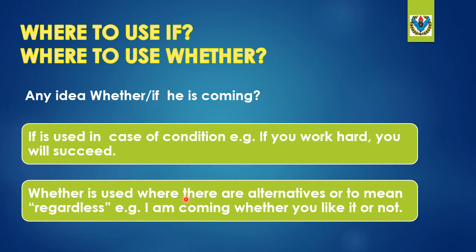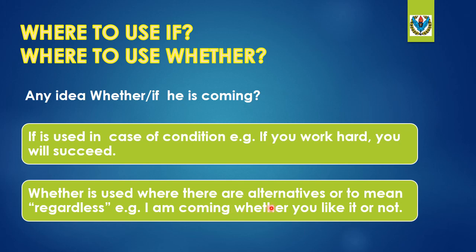Look at the second type of sentences. I'm coming, whether you like it or not. See, the sentence says I'm coming, whether you like it or not. Regardless of your liking or disliking, I'm coming. The sentence conveys the meaning that regardless of your liking or disliking, I'm coming.